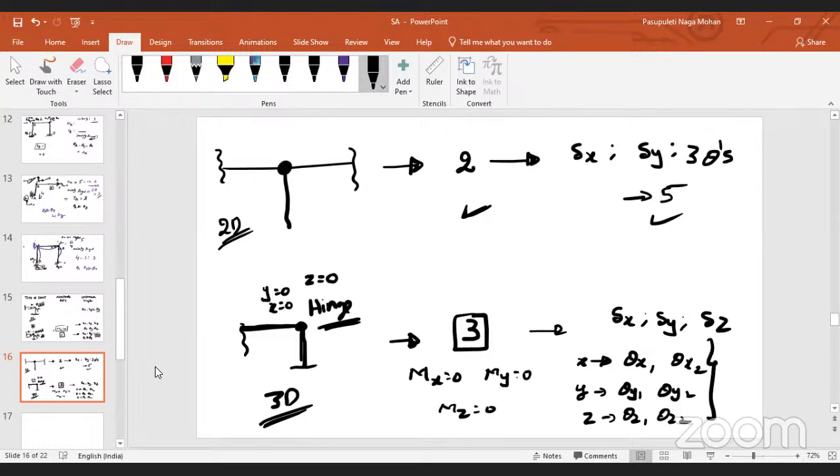So, total how many? 3 plus 6, 9. Is it clear? Now tell me, if it is 3D, how many additional equations are possible?